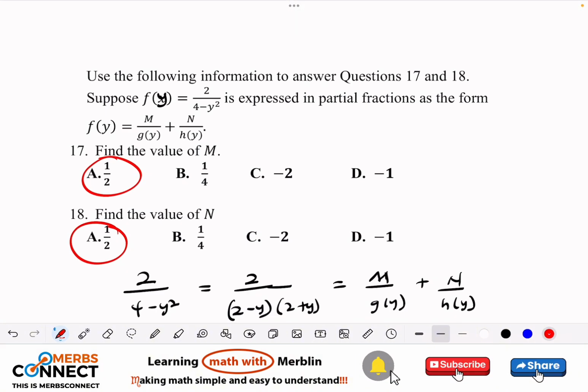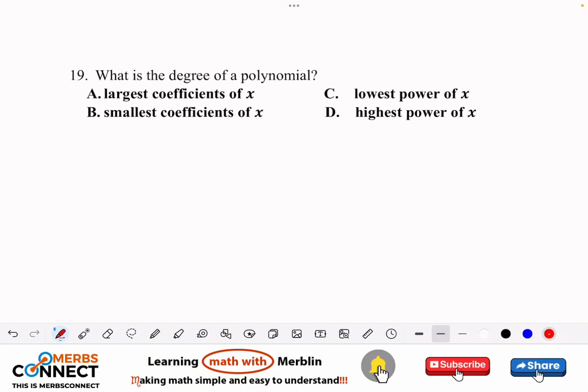Right. Now let's look at 19. What is the degree of a polynomial? What's the degree of a polynomial? So the largest coefficient of x, lowest power of x, smallest coefficient of x, highest power of x.